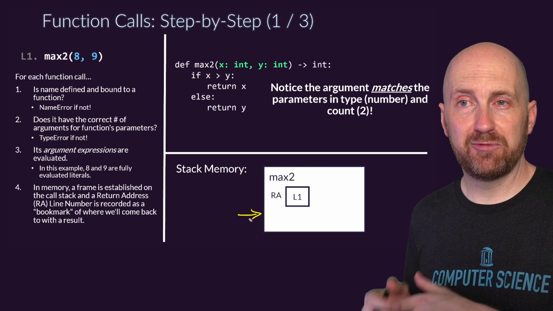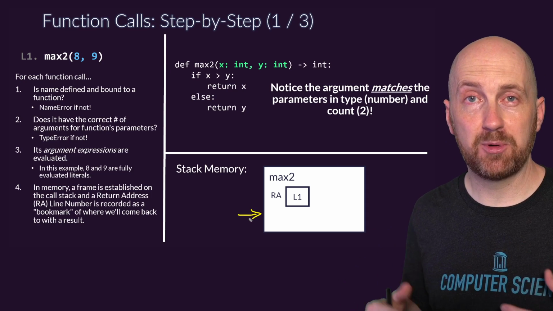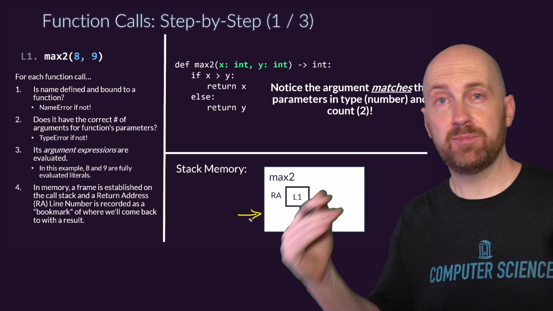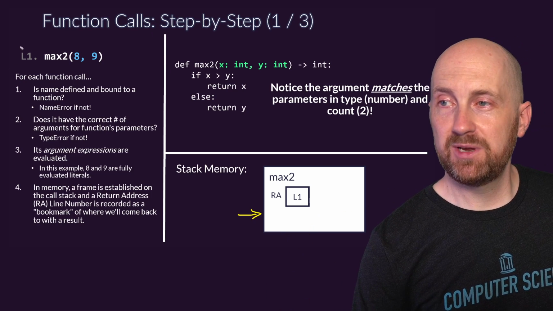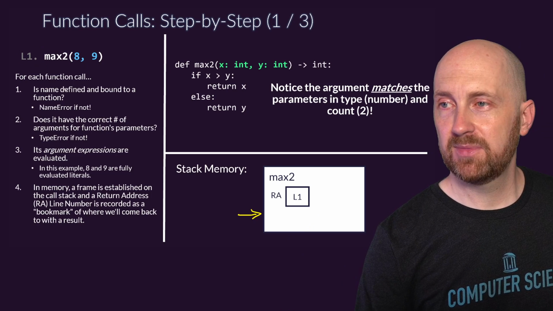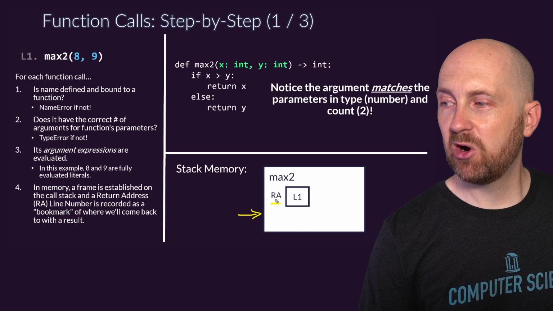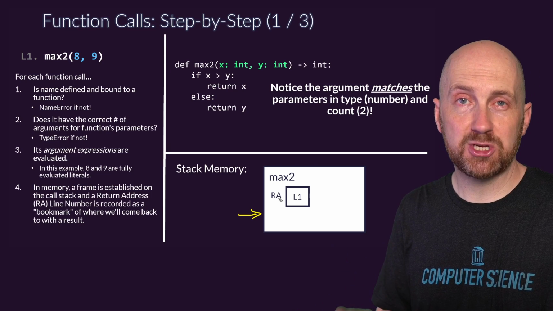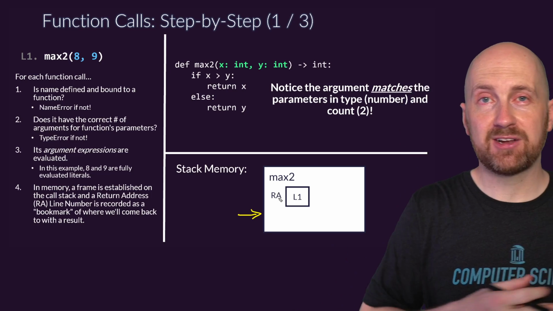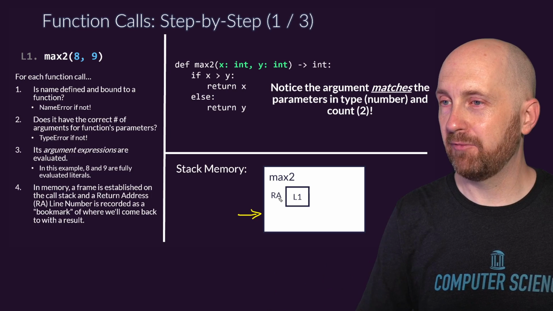And we're going to keep track of where this function call occurred, because remember, when a function call happens, we jump to the function definition and then we go right back to where we came from. So we need to keep track of where we are coming from, and that's going to be the RA, which we'll talk about in more depth in just a moment, but it means return address. This is where we're going to return back to with some returned result value.